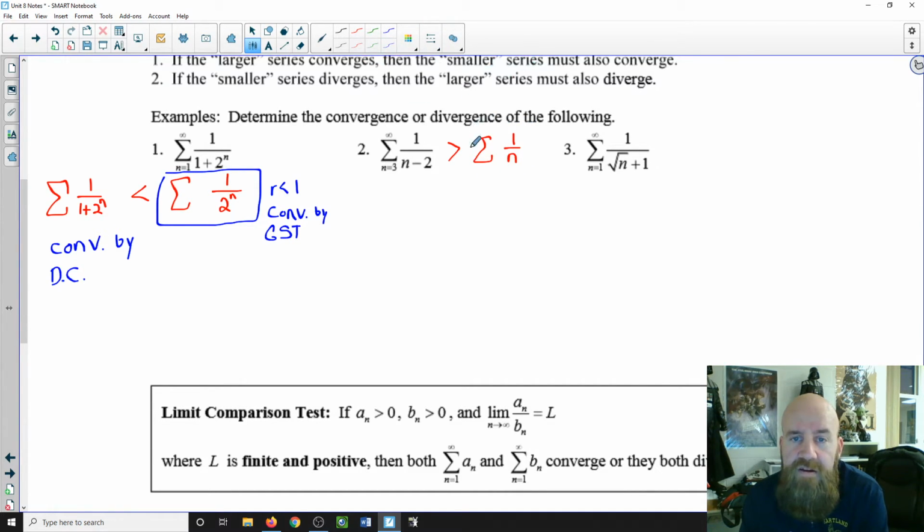Let's take a look at this. Does 1 over n converge or diverge? Well, this is a p-series situation. P is 1, so p equals 1, so this diverges by p-series test.